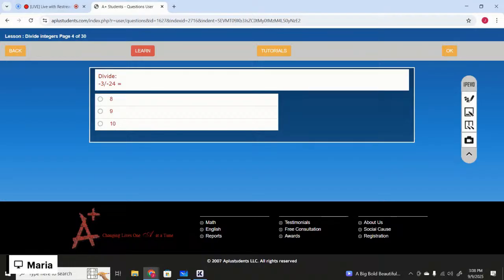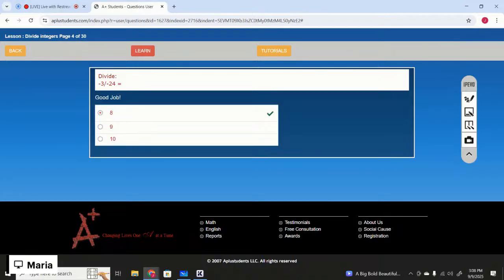Negative 24 divided by negative 3. Negative 3 times 8 is 24. Option number 1 is the correct option. It would be 8.